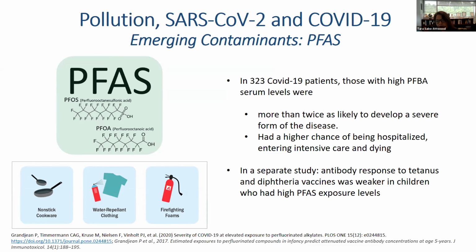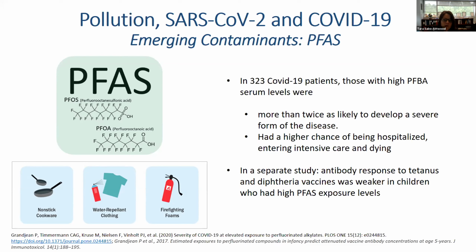But what we know now is that we are finding PFAS really globally all over the place at significant levels because they're used for a variety of different purposes. They were used in nonstick cookware, so like Teflons, water repellent clothing, and in firefighting foam. So there's lots of uses.